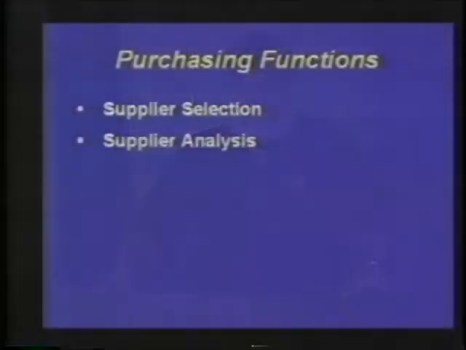We have supplier analysis. Now, that doesn't analyze the 4 items that I talked about under supplier selection, but analyze the supplier relative to financial strength, net worth, the number of different customers that he or she has, and also whether the supplier is affiliated with any local activities, youth organizations, the local chamber of commerce, and so forth, which indicates his or her interest in the activity or the surrounding area that they are located in.